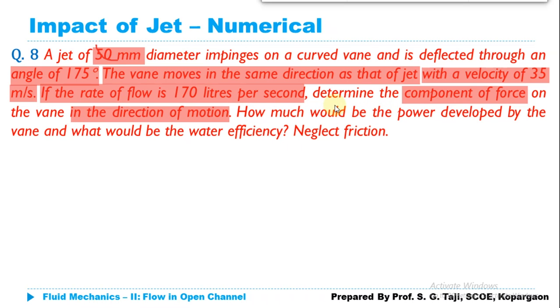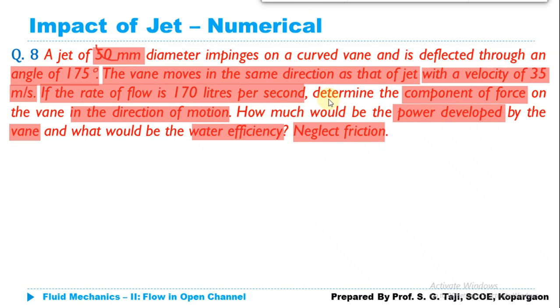Now they asked to calculate how much would be the power developed by the vane. That would be equal to work done per second. And what would be the efficiency? They asked to calculate hydraulic efficiency, taking output power upon input power, by neglecting friction. That means the plate is smooth.